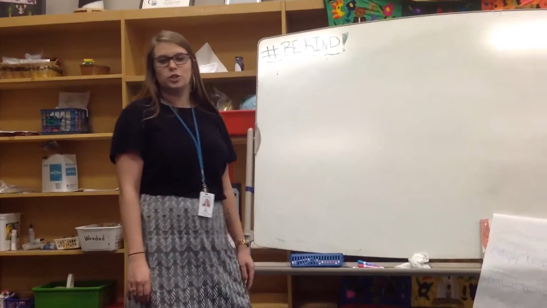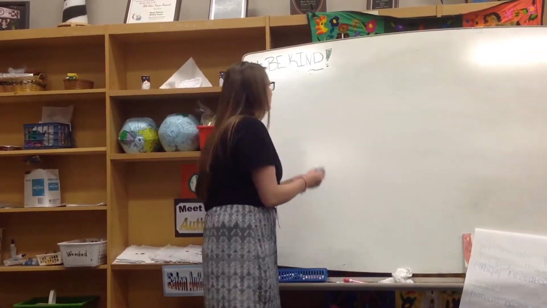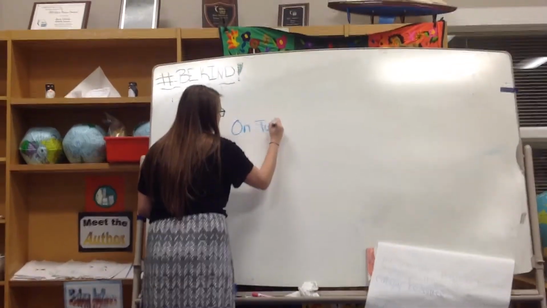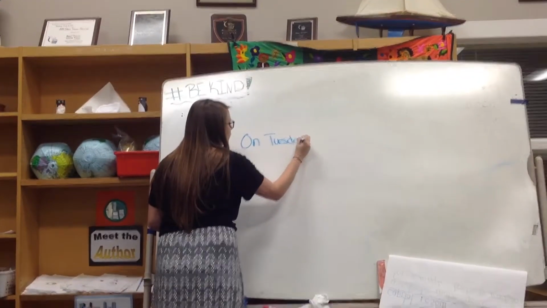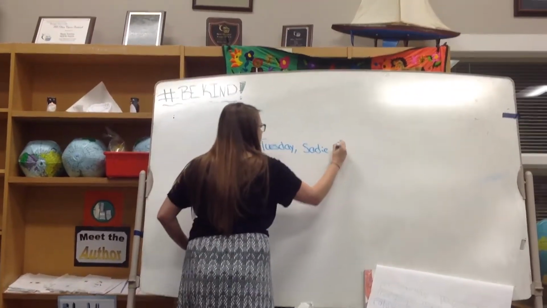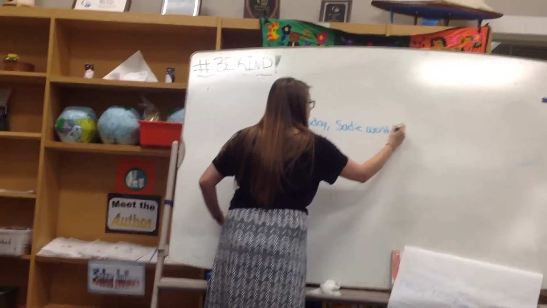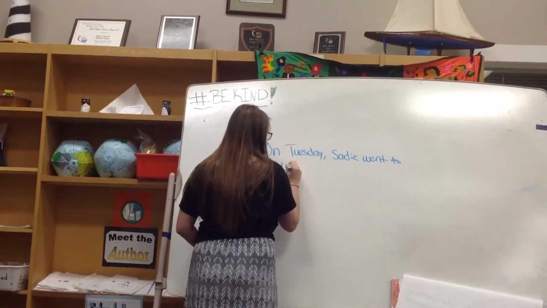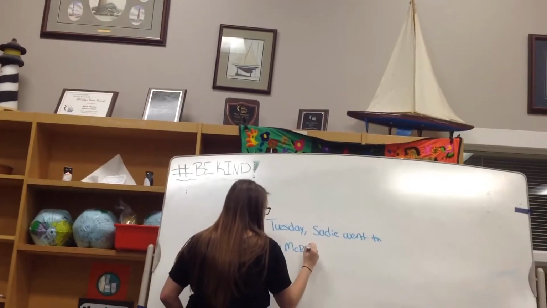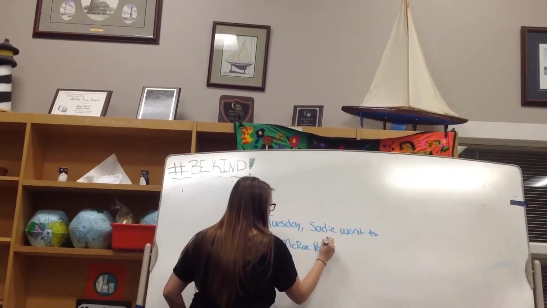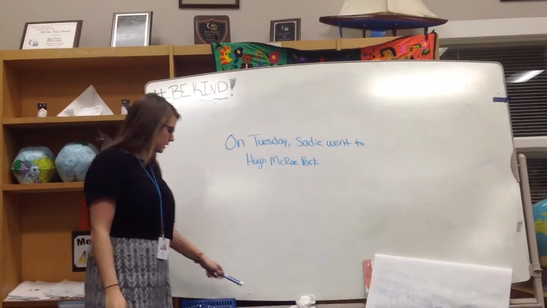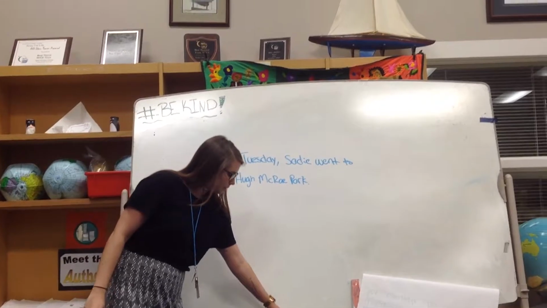To start the instructional practice part, I'm going to write the following sentence on the board. There are a couple proper nouns in this sentence, and I'm going to underline them.